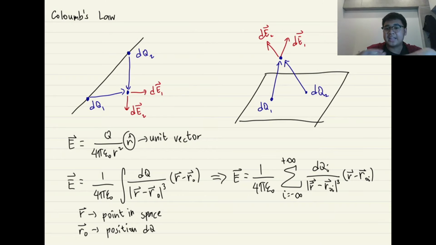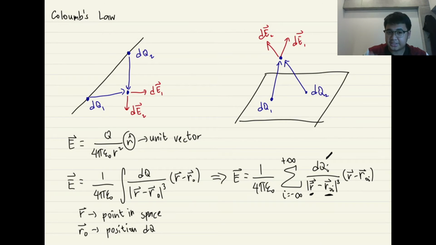Okay, so the electric field at a certain point in space, defined by R, will be the sum of all the effects of the individual charges, and their corresponding positions. So you add them all up, you get the electric field.